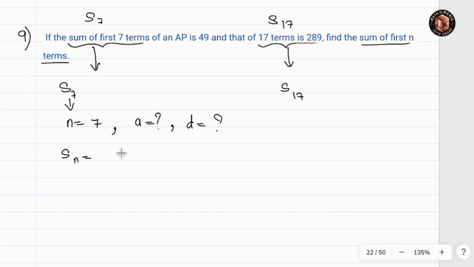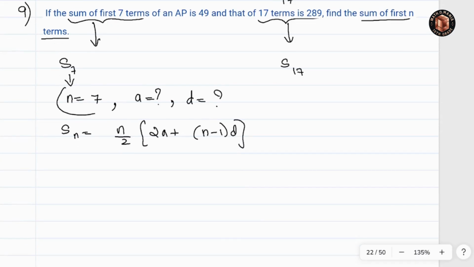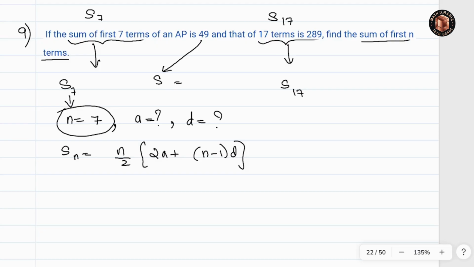Sn equals n by 2 into 2a plus n minus 1 into d. Only n is known. S7 is given as 49. So 49 equals n equal to 7, divided by 2, into 2a plus 7 minus 1 into d.